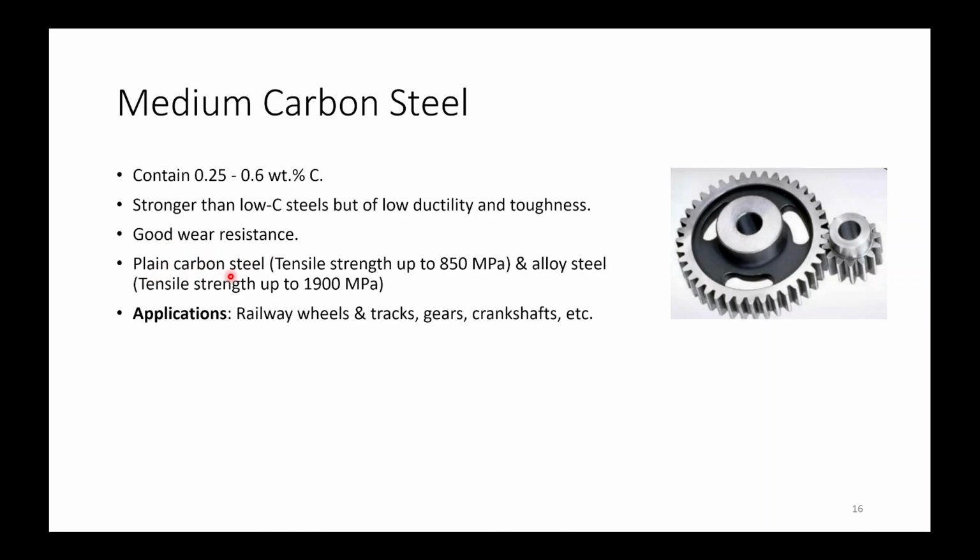Plain carbon steels have a tensile strength up to 850 MPa, and alloy steels have tensile strength up to 1900 MPa. So this difference comes from the addition of alloying elements. And the applications of medium carbon steels are in making railway wheels, tracks, gears, crane shafts, etc.